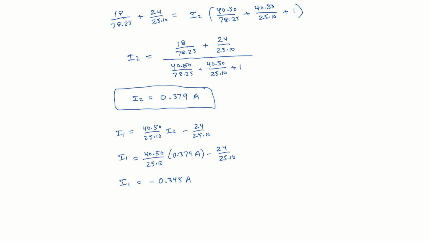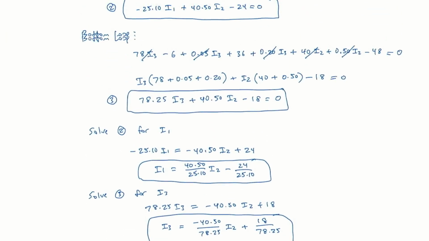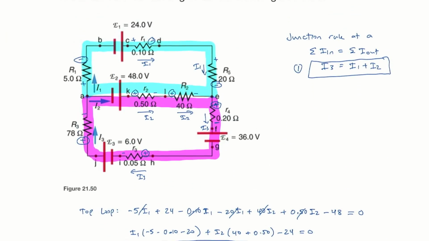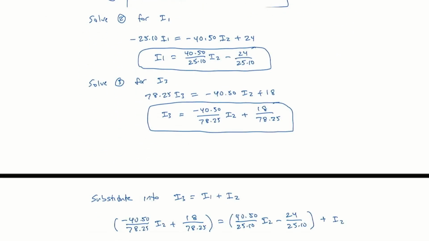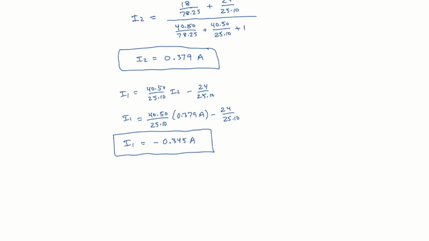Okay, that is our I1. What that means is that in the circuit, I1 is going in the opposite direction. So instead of clockwise around the top part, it's going counterclockwise instead. But we will keep the minus sign because all our equations are set for the wrong direction.